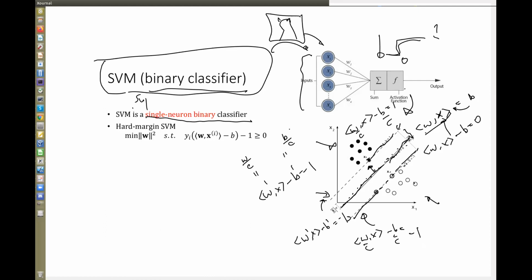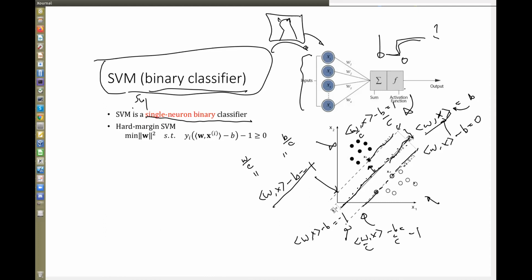But anyway, let me just ignore the prime. I can always think of these two boundary equations as Wx minus b equal to 1 and Wx minus b equal to minus 1.